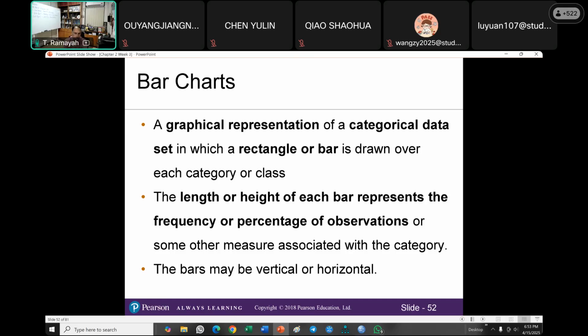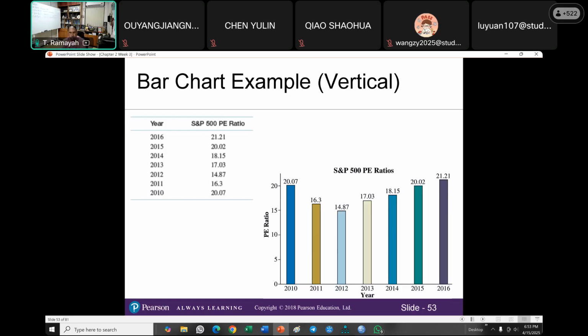Those are some of the things you can look at. The bar can be vertical or horizontal. This is what we call a vertical bar chart. We have the years from 2010 to 2016, and the Standard & Poor's 500 PE ratio. In 2010, the PE ratio is 20.